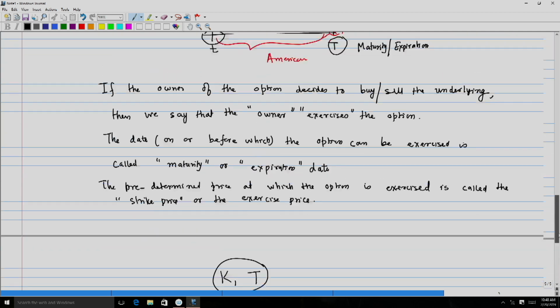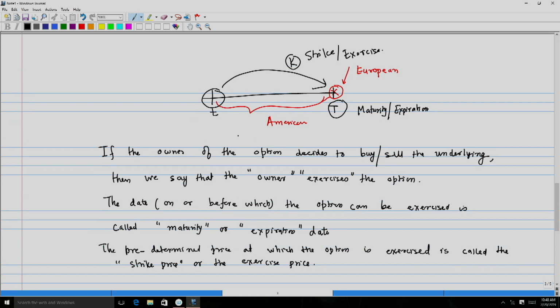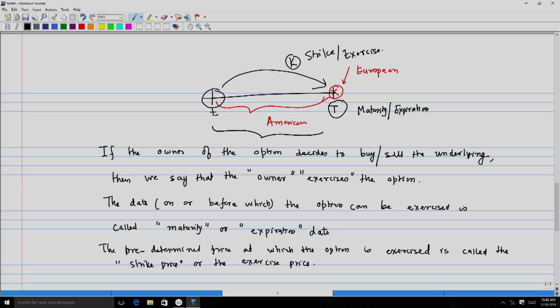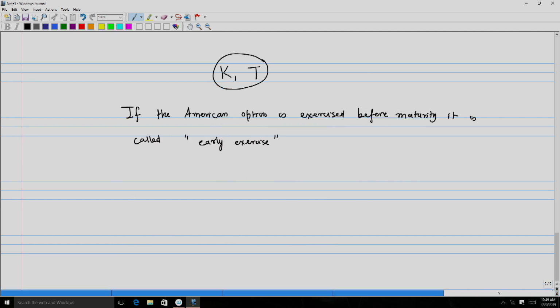So, this means that if the purchase or sale is taking place at any time in this part, but not at T, then this is what is known as the early exercise. Early exercise means that you are basically doing the transaction not at the final time, but sometime prior to that.